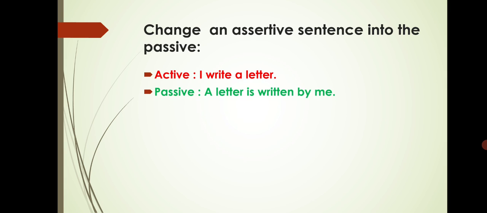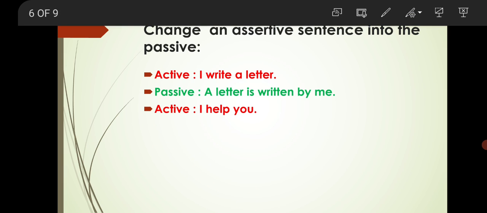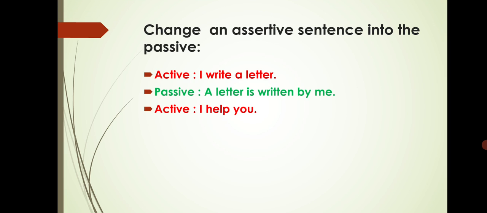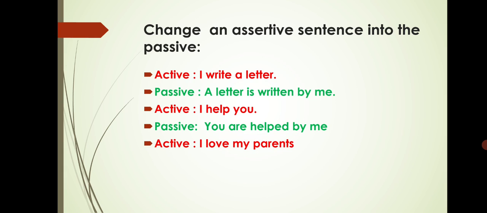Passive sentence: A letter is written by me. Here I changes into me. Next sentence. Active voice: I help you. Passive voice: You are helped by me. Active voice: I love my parents. Passive voice: My parents are loved by me.